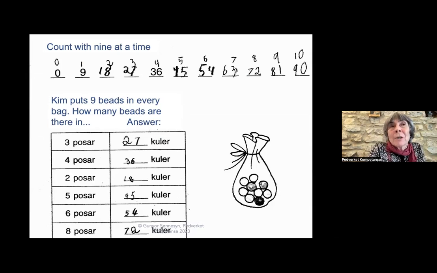And she knew a lot of the multiplication combinations, but I was not sure whether she could use it for anything. So I was a little bit unsure about the reasonability in doing this. So I had to check for myself, does she really understand this?